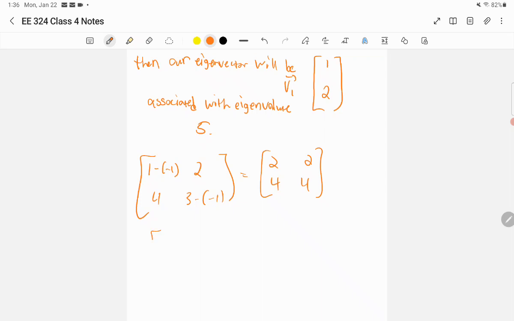And then we know that we're going to have 2, 2, 4, 4 times v1, v2 is equal to 0, 0.